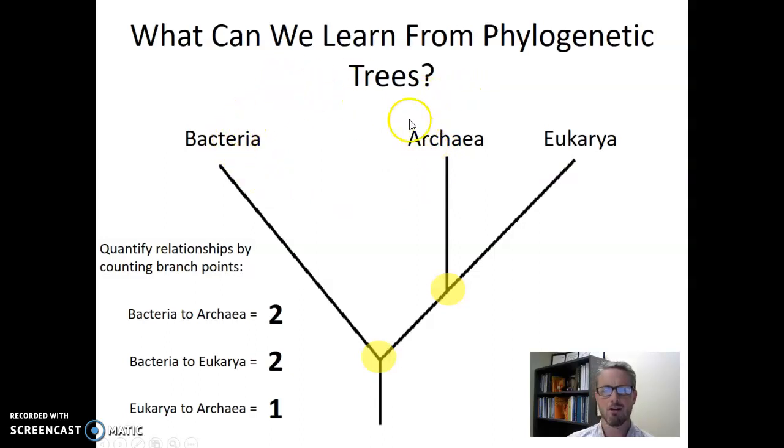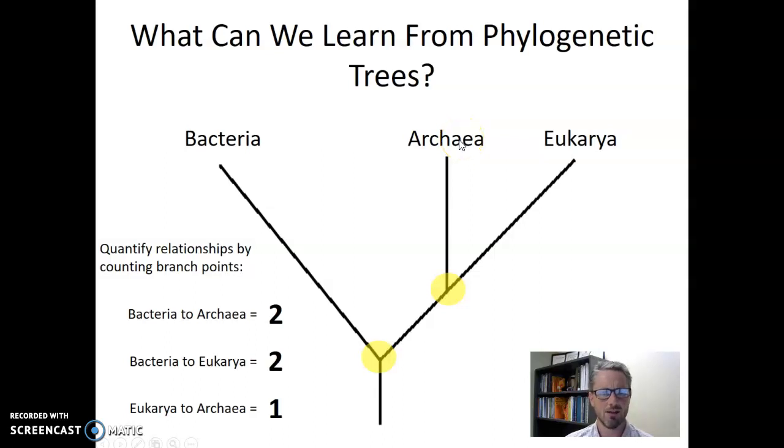Both bacteria and archaea are single-celled prokaryotic organisms, whereas eukaryotic organisms have a nucleus, and many of them are multicellular. So just by thinking about that, you would say that doesn't make sense that archaea and eukarya are like siblings. It makes more sense that bacteria and archaea should be the siblings.